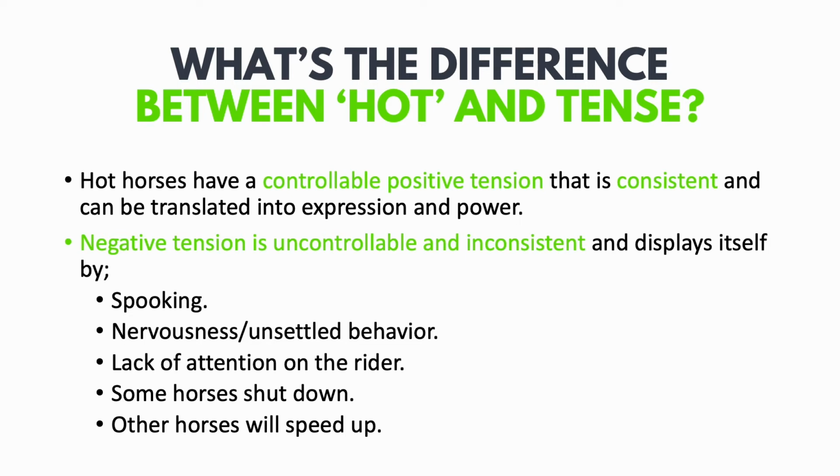But as long as it's controllable and consistent, it can be positive tension that can enhance the dressage performance. But we've got to be very careful that positive tension doesn't tip over into negative tension, because this is where the horse gets nervous and where the focus turns outwards onto its surroundings rather than inwards onto the rider.